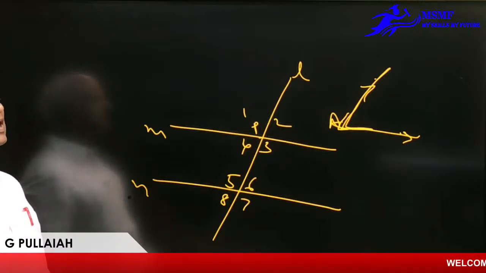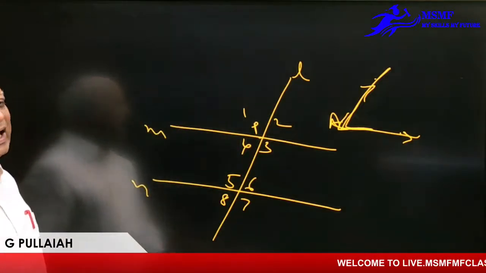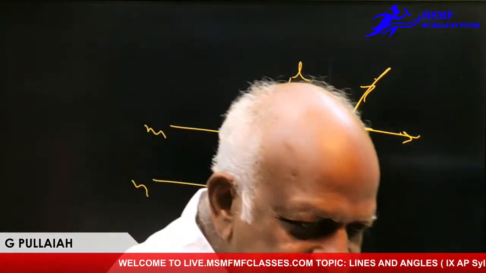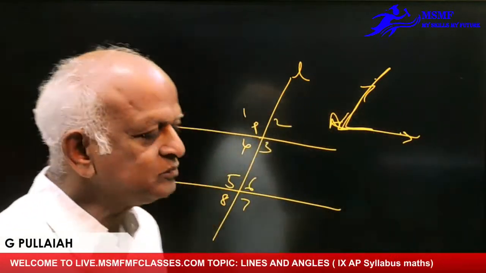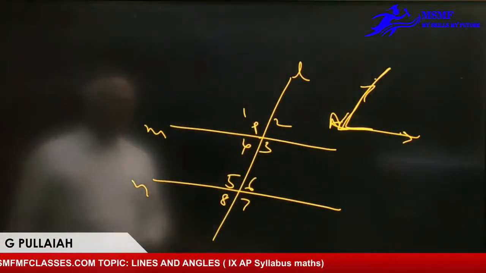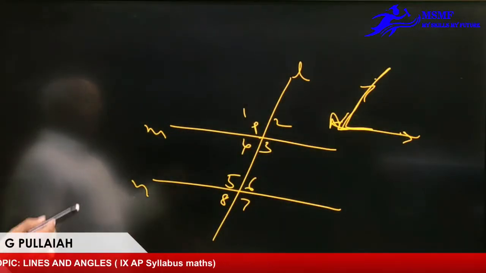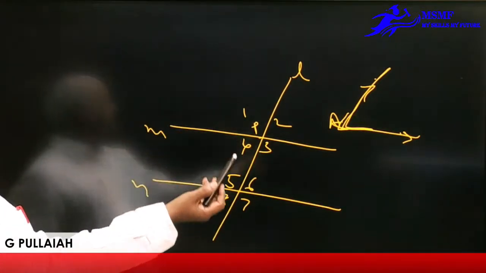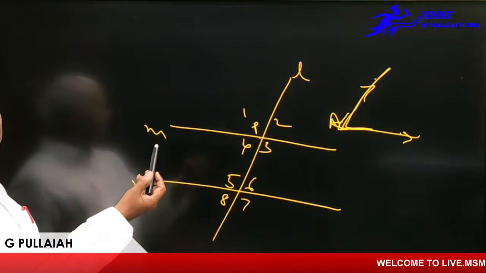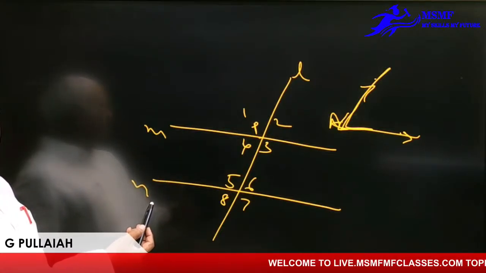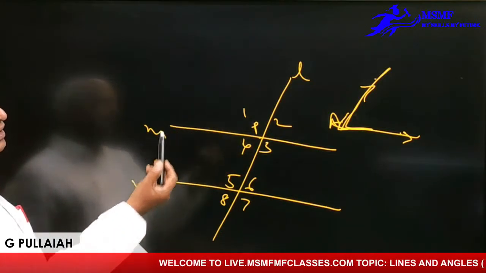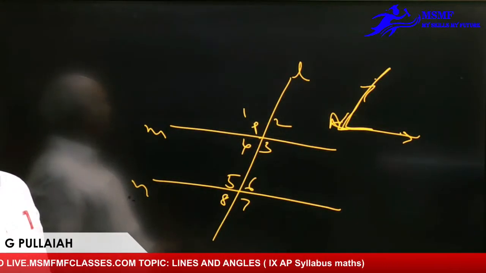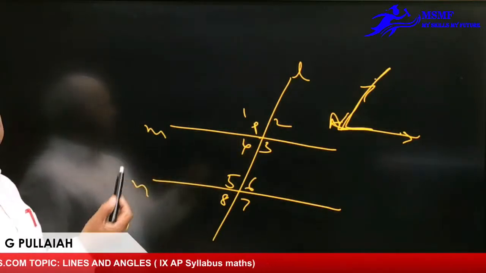And also observe very carefully, we told L is a transversal. If you think about the L transversal, there are certain angles on the right side of L and certain angles on the left side of L. So 2, 3, 6 and 7 are on the right side of the transversal.